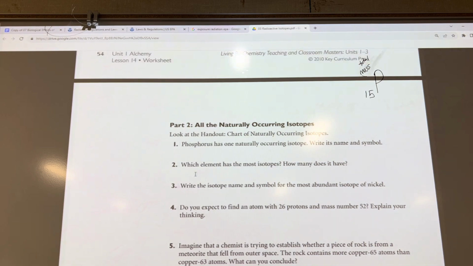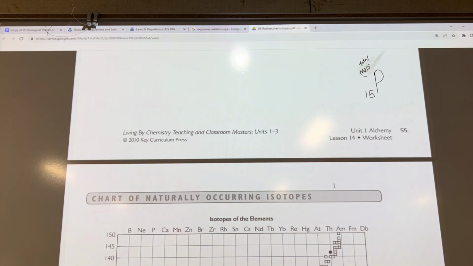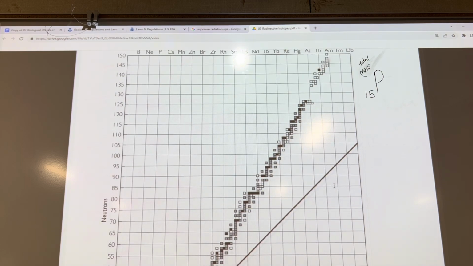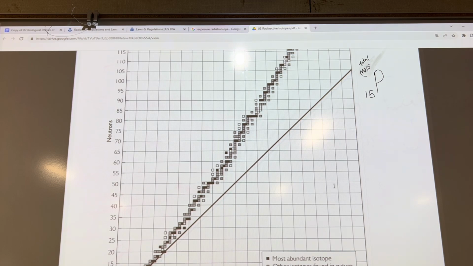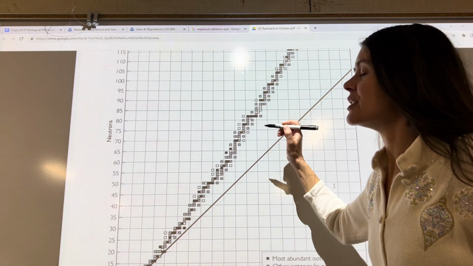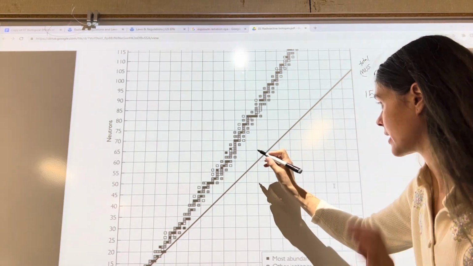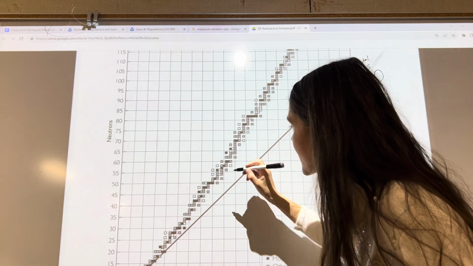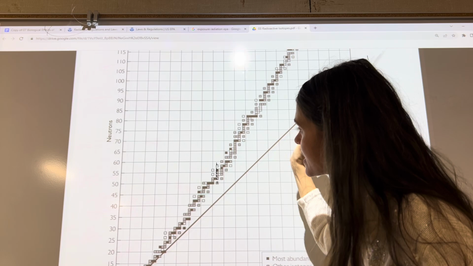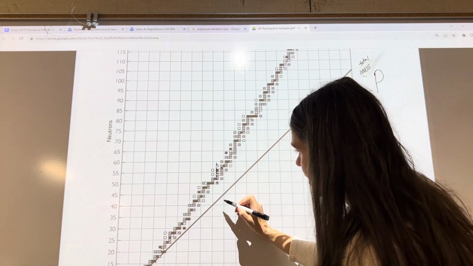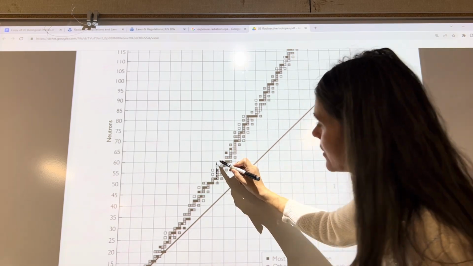Number 2, which element has the most isotopes and how many does it have? This involves us reading the chart. Make your best guess. But remember, this is better for you than the kids who are here in class. For each one of these elements, remember, each one of these boxes is an isotope. So if I followed this down and count how many protons, this one has 7 isotopes.